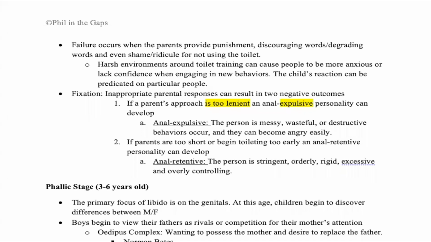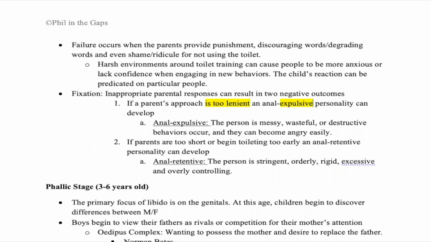So again, explosive: when they don't get what they want, they're throwing an explosive and everything is everywhere. If they are messy, a parent may pick up after them. Or if they get something, they may think, I'm going to be able to get this back later, and they waste it in some way, shape, or form.